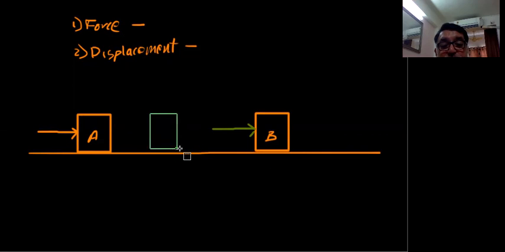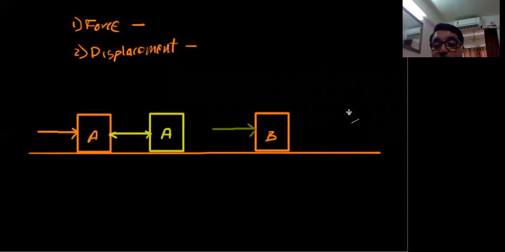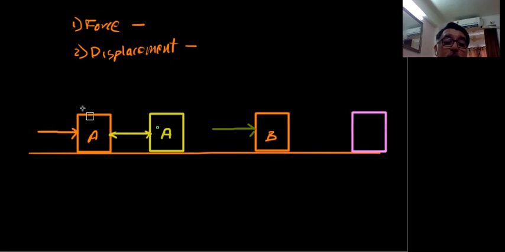Let's say box A is displaced over here. This is the amount of displacement produced for box A. And after pushing box B, let's assume box B moves over here. This is the displacement for box B.